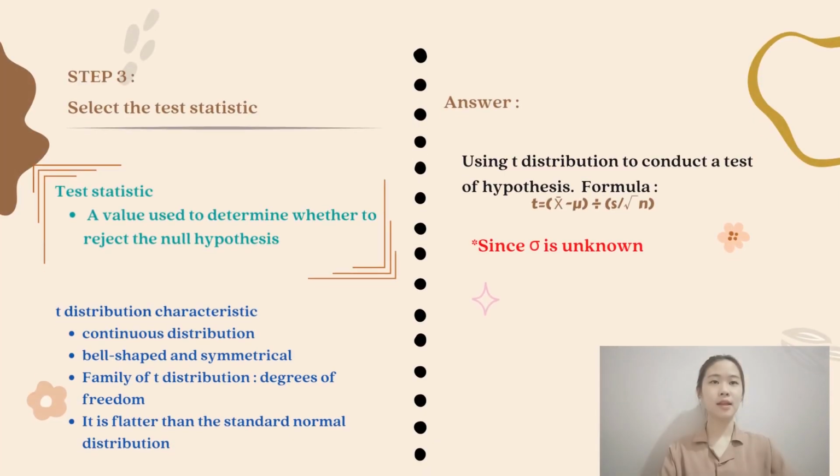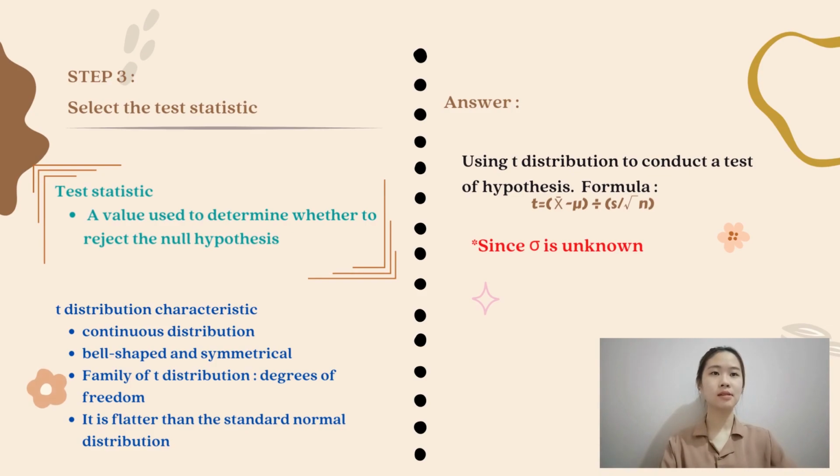Step 3. Select the test statistic. A test statistic is a value used to determine whether to reject the null hypothesis. There are many test statistics. Since the standard deviation of question 1 is unknown, we are using the t-distribution to conduct the hypothesis test. The major characteristics of the t-distribution are that it is a continuous distribution, it is bell-shaped and symmetrical.